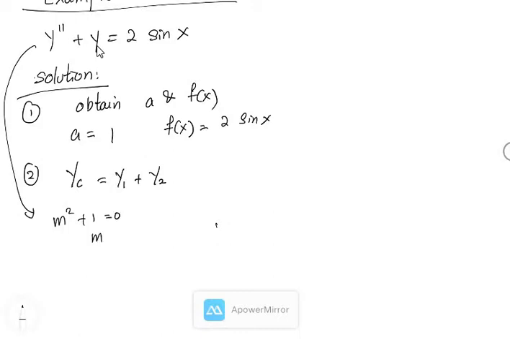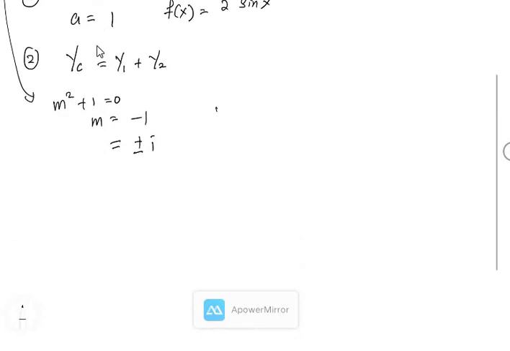So from here we get m squared plus 1 equal to 0. So we find the root. m is equal to plus minus i, which is imaginary. We know that it's case 3, it's complex.